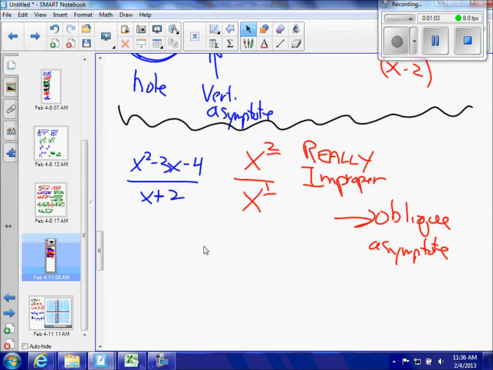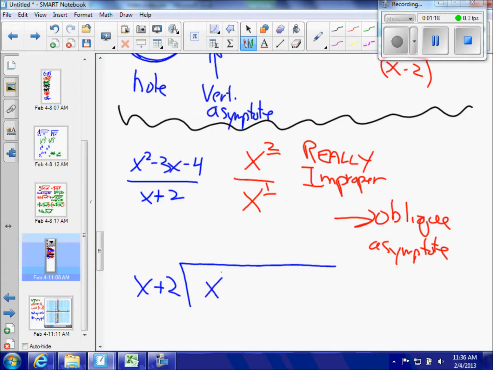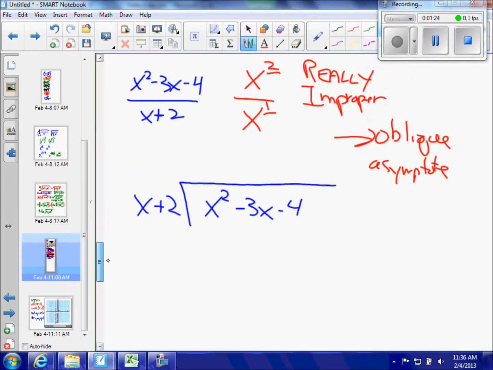And when I have an oblique asymptote, the way I find it is by doing polynomial long division. So if I'm going to do polynomial long division, I'm going to go x plus 2, and I'm going to divide it into x squared minus 3x minus 4. Oops. So what value times x is going to give me x squared?